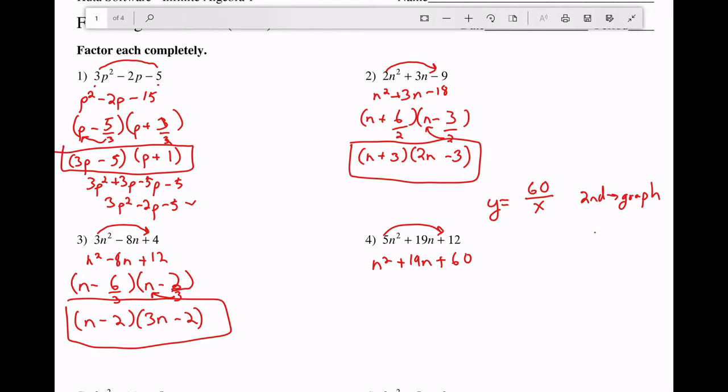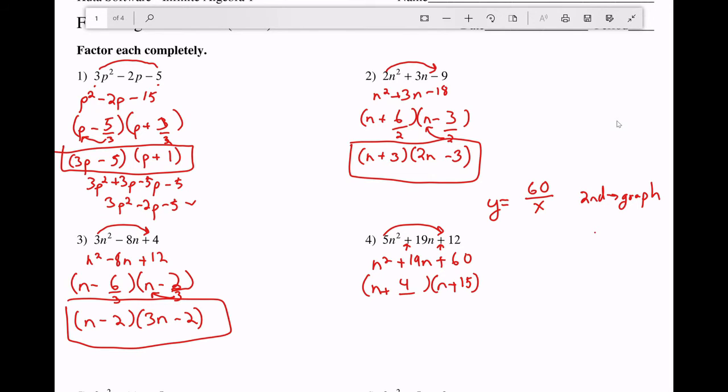And I'm looking because this is going to be n plus, right? Because the second term is plus, the very first one is plus, so they're both plus. So they need to equal 19 when I add them together. And so, of course, this is going to be 4 and 15.